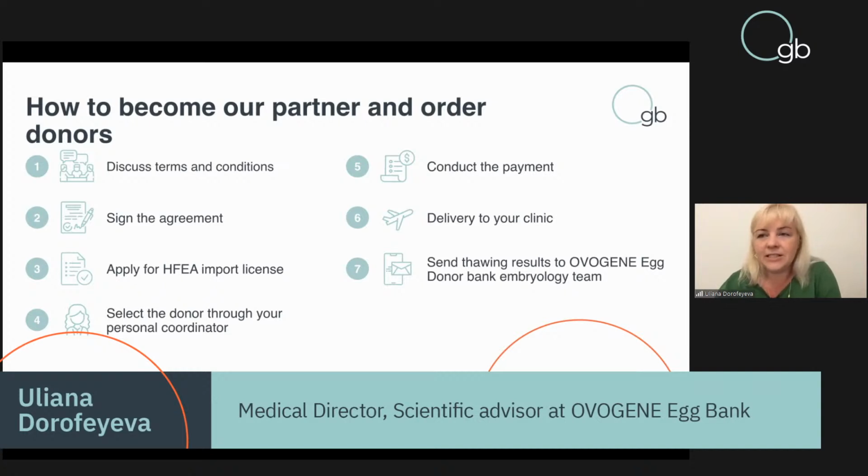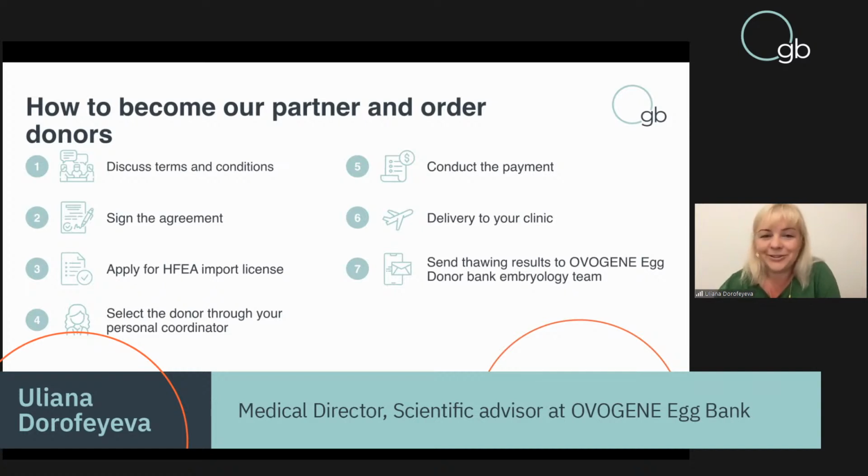If it is needed by the local regulations, we will apply for the import license. Here the whole team, including the quality manager, international coordinators per country, lawyer, and medical and embryological team, is working together to get the import license and the service level agreement ready. After it is available, we will select the donor.